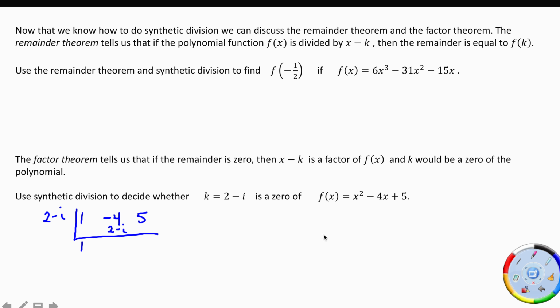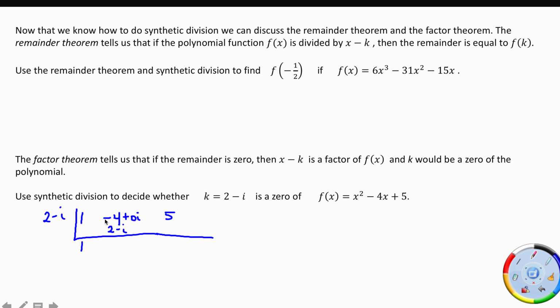Let me move this over a little bit, just to give us room. Okay, and remember how I could add this complex number with this real number. I could only add the real number parts, right? That's like negative 4 plus 0i.